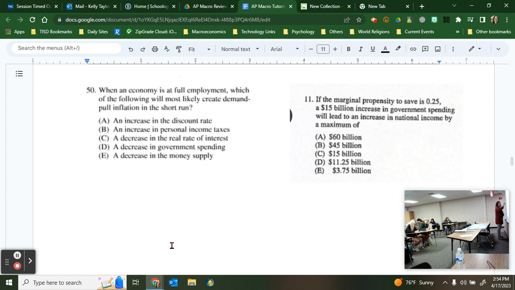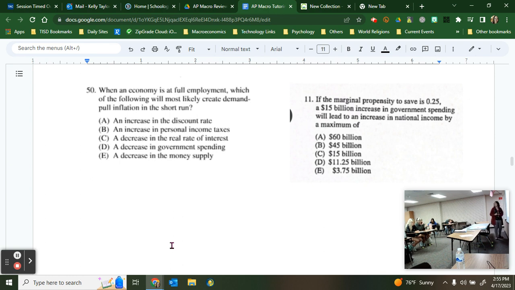So this is us creating a demand-pull inflationary gap where prices are going up and GDP is going to go up.